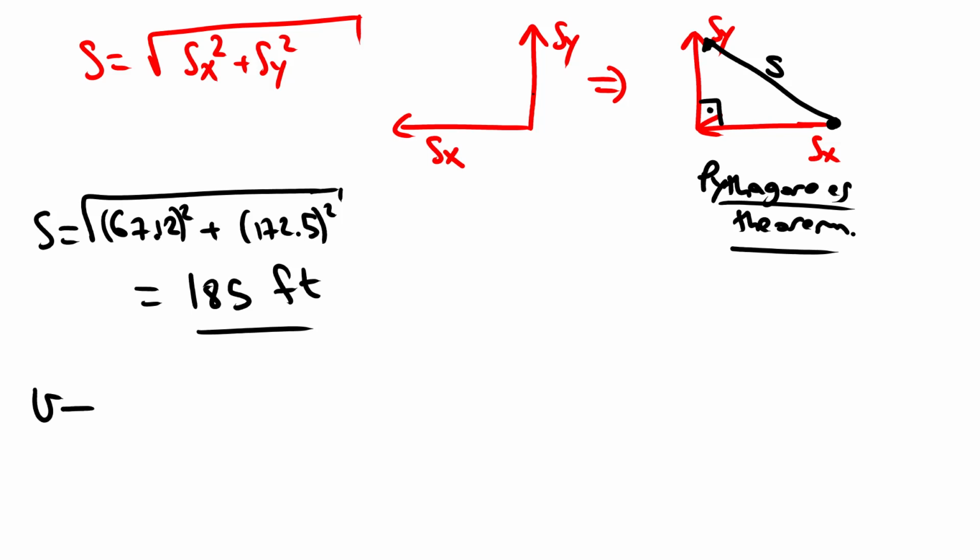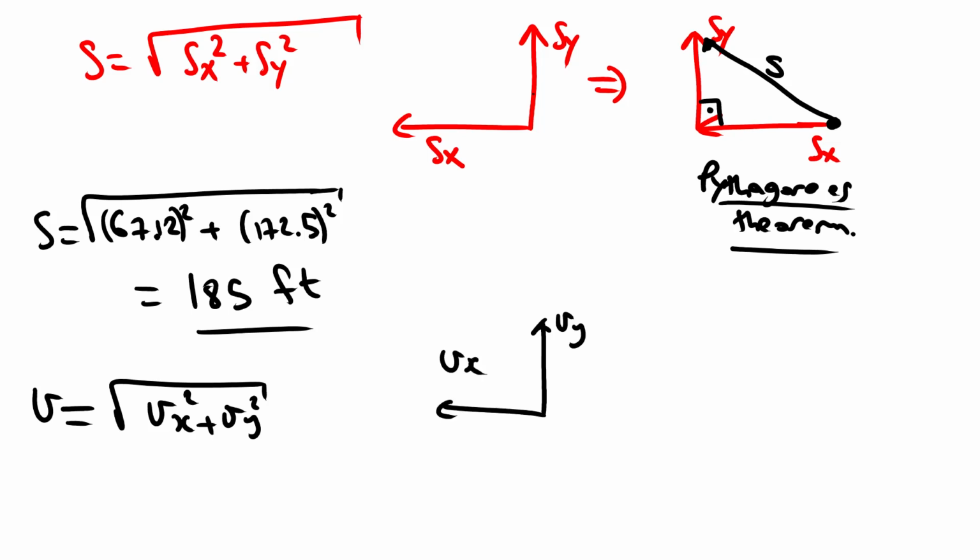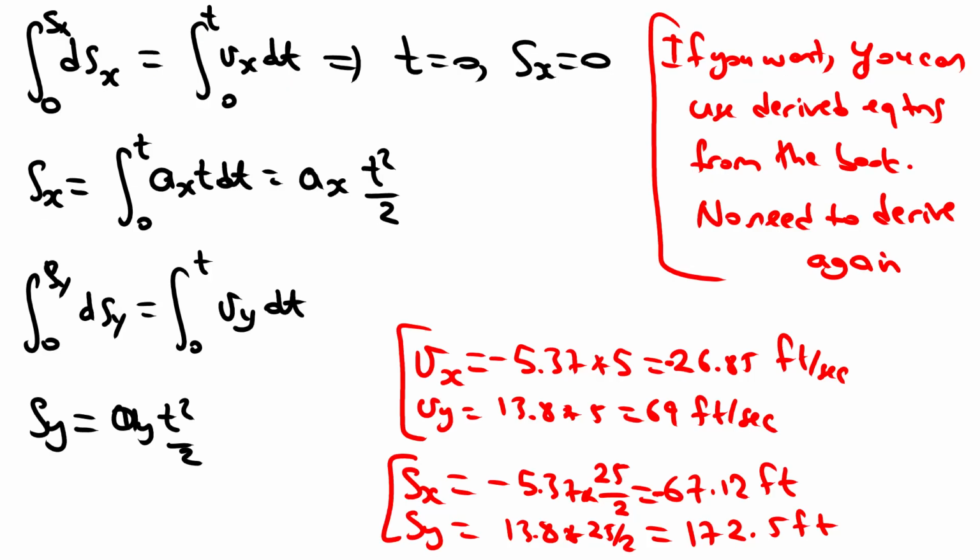Similarly, we will do the V, and V will be the square root of vx squared plus vy squared, exactly the same procedure. We have the vy and we have the vx. I can show this one as vy here and this one as vx here, and then again I will have the V and the Pythagoras theorem. So vx is 26.85 and vy is 69.